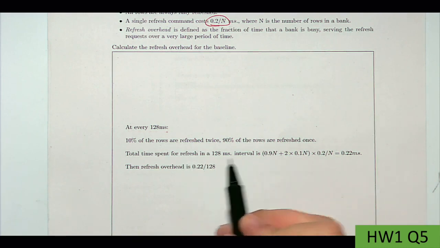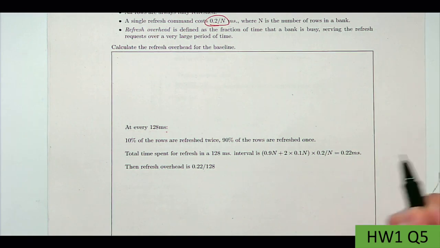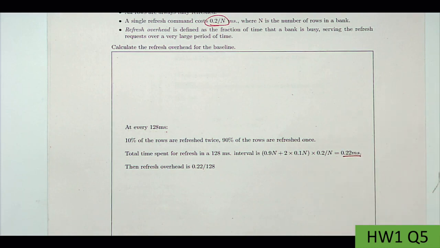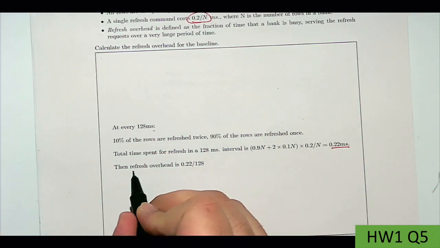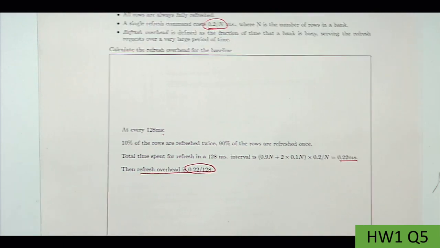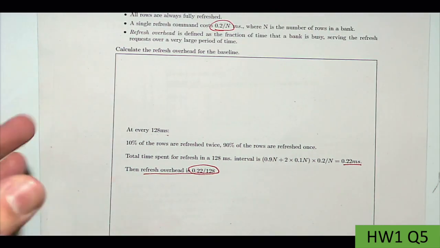So when we add up their costs, we see that the bank is occupied for 0.22 milliseconds for every refresh. And this happens every 128 milliseconds, so the refresh overhead is this number here. Okay? So this was our baseline and the answer to this question.